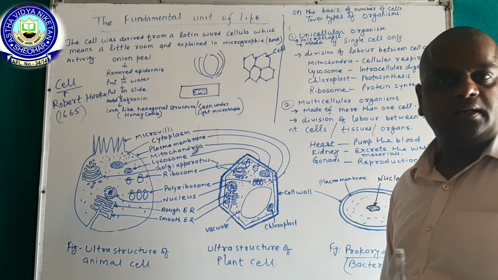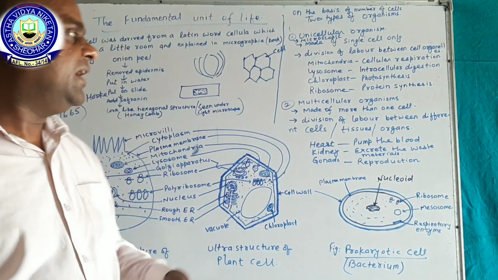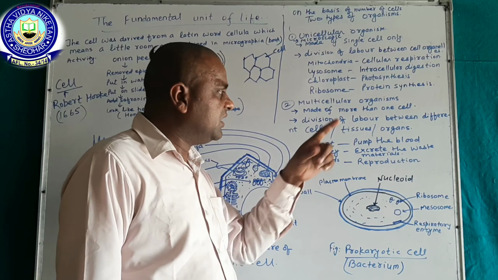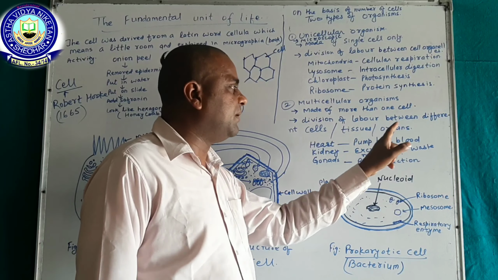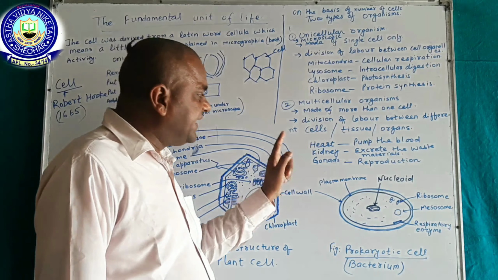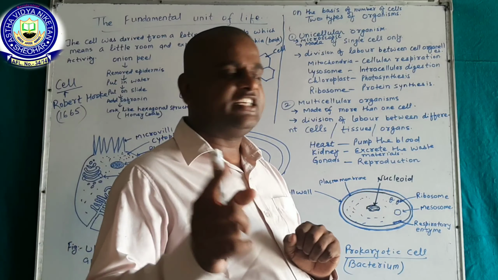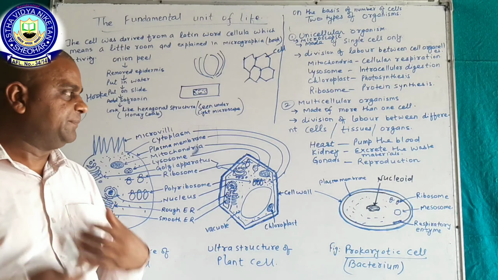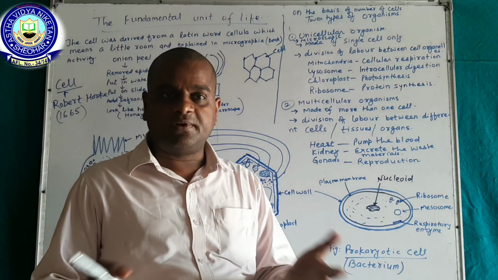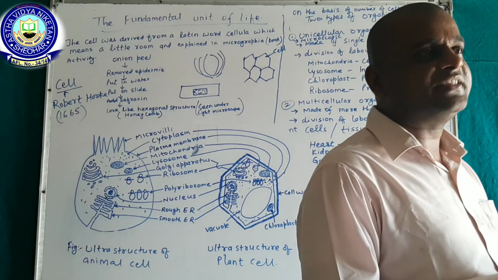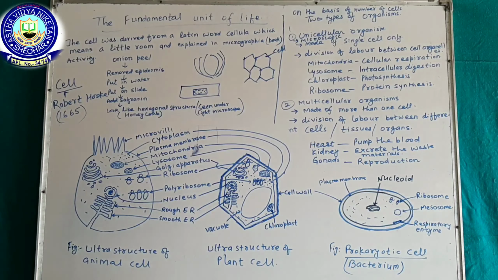The heart is an organ, and it has a special function in our body, pumping blood to the whole body. The kidney helps in the excretion of waste materials from our body. Gonads have a special function in gametogenesis, which helps in reproduction.